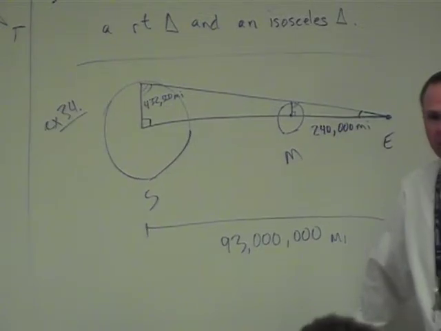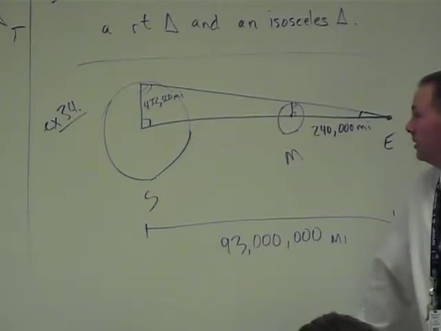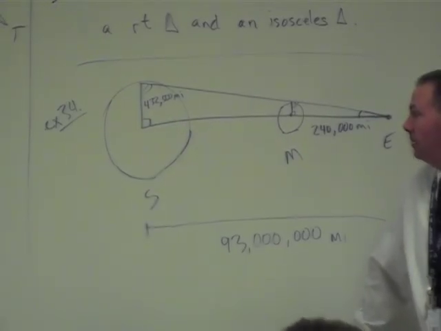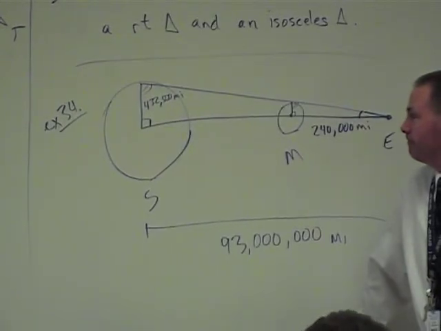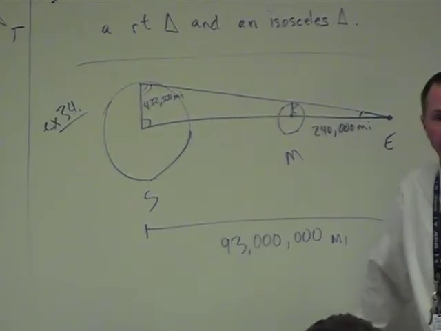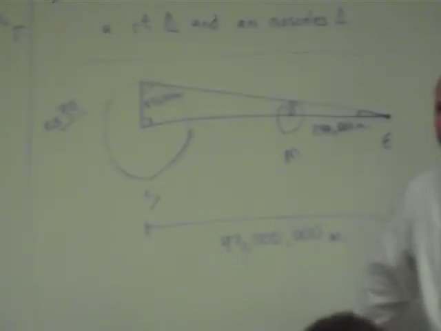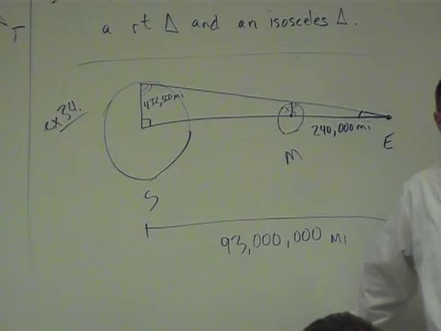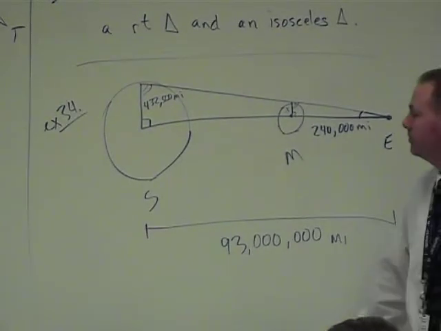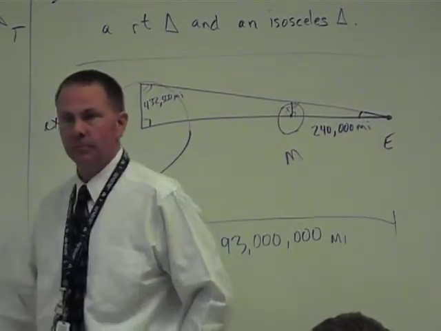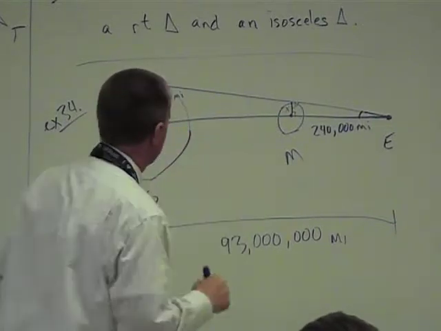How would I figure out the radius of the moon? That's what we want. How do I find the radius of the moon? Okay, we'll come back to you. Nick?